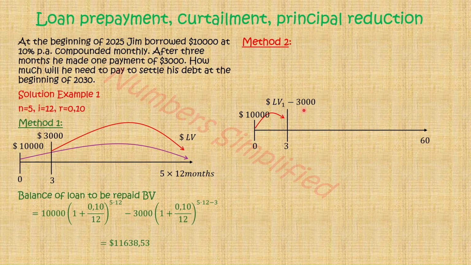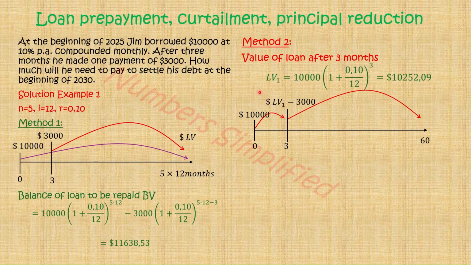Now, in order for us to get the value of the loan in 3 months, we are going to find LV1. Let that represent the first payment. The 1 is for the first payment that was made. We do have cases where we have multiple payments, but in this case we just have one payment, so we'll stick to that. So let's call this one LV1.